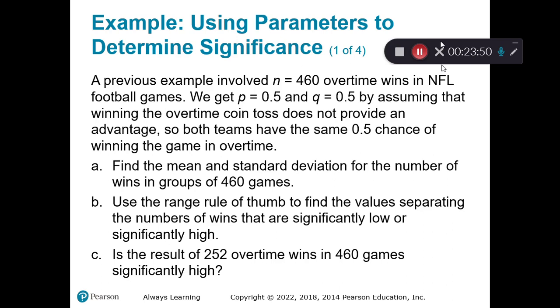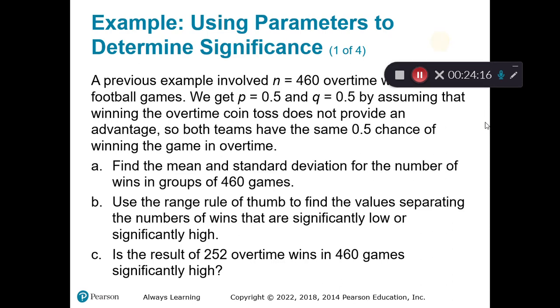In part A, we're going to find the mean and the standard deviation for this example, and then in part B, use the range rule of thumb to find a number of successes that would be significantly low or significantly high, and then we're going to use that result to answer part C. Is the result of 252 overtime wins in 460 games significantly high?